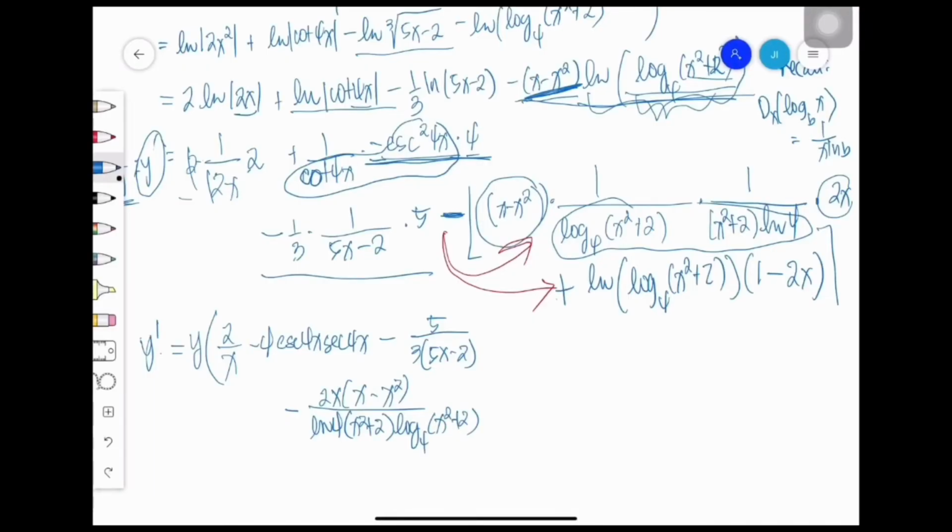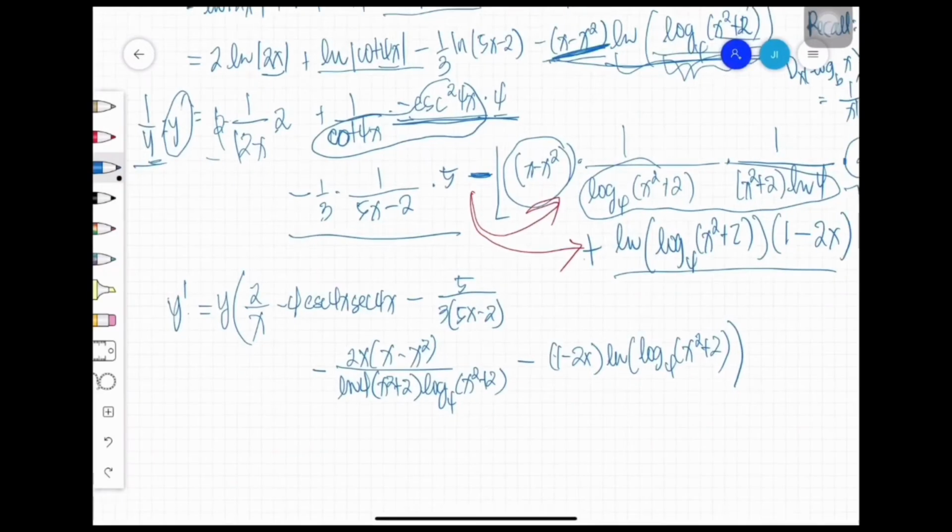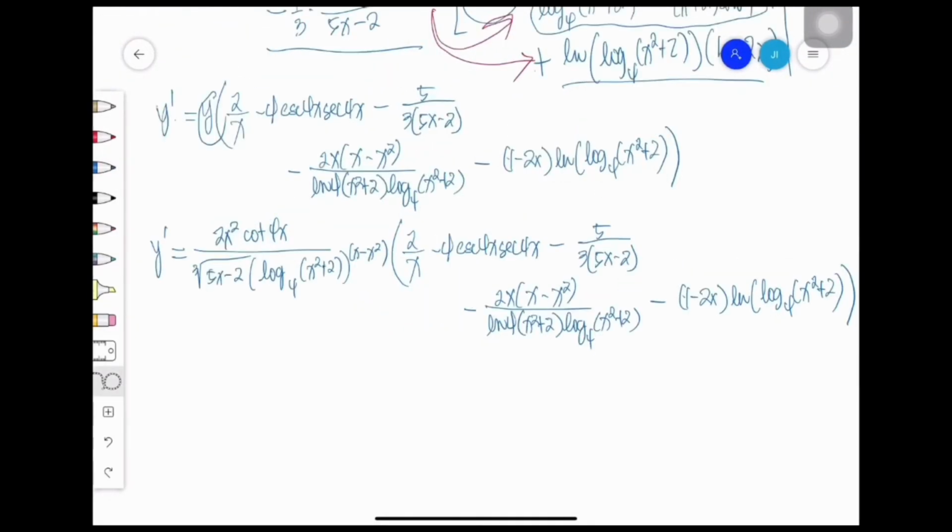Okay, minus this thing, 1 minus 2x multiplied by the ln of logarithm of x squared plus 2 base 4. Then lastly, transforming y to its original form gives us this derivative. Okay? It's quite long, sorry.